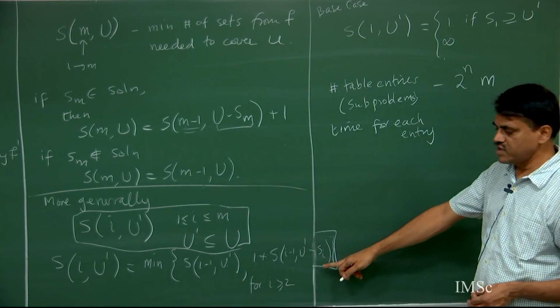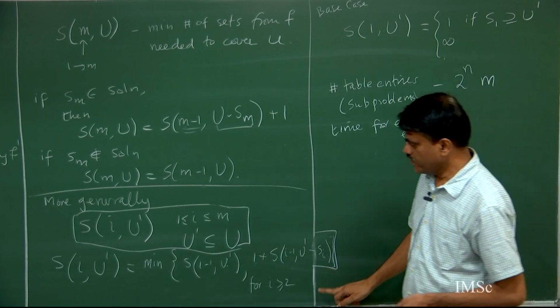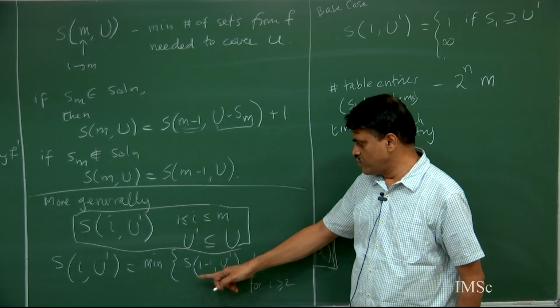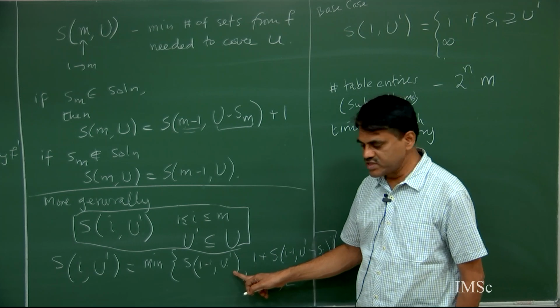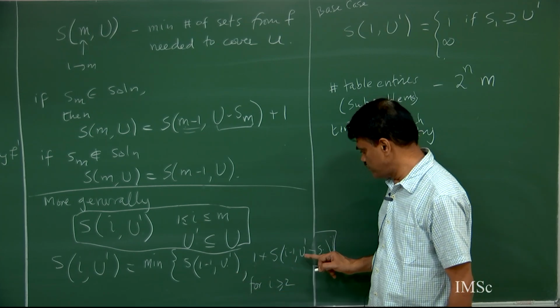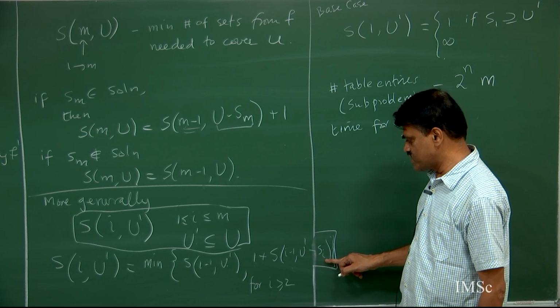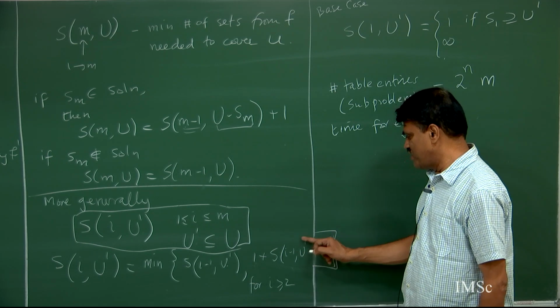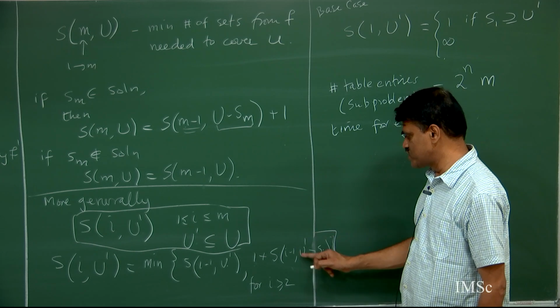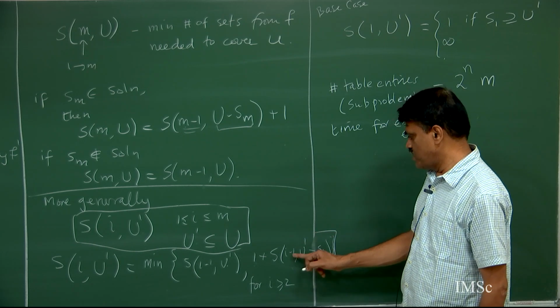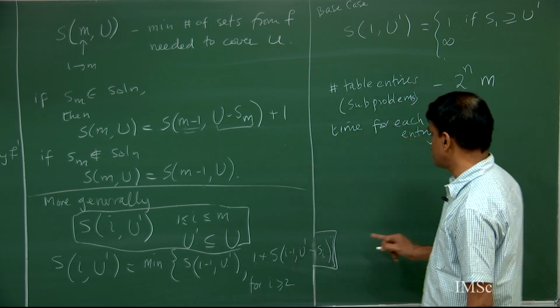it is just this, right. To compute S_i U', either you pick S_{i-1} U', which is sitting there, or from U' you have to subtract out S_i. That is some order n time, universe size, in the worst case, and then another table entry. So, I am going to say it is order n.